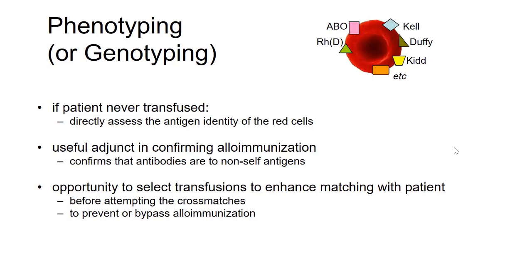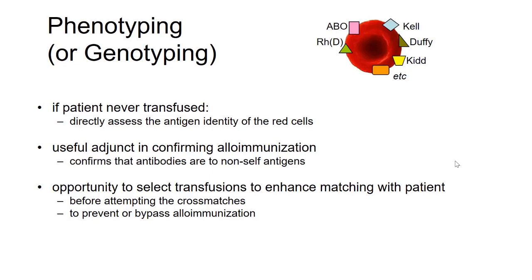And once you've phenotyped your patient, you enhance the opportunity to select transfusions that are better matched. So phenotyping more broadly allows you to get pickier by virtue of that knowledge.